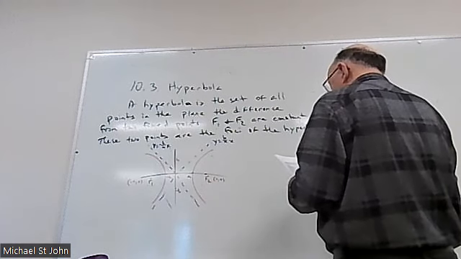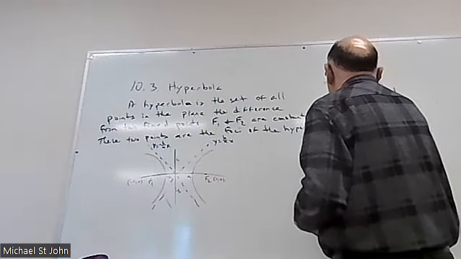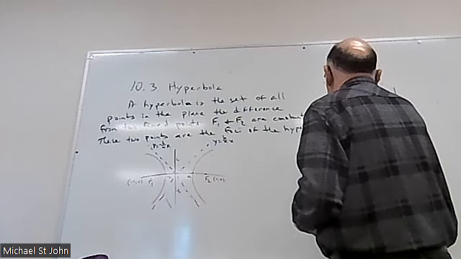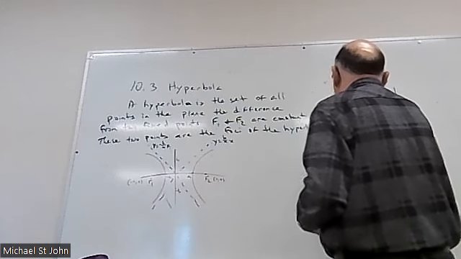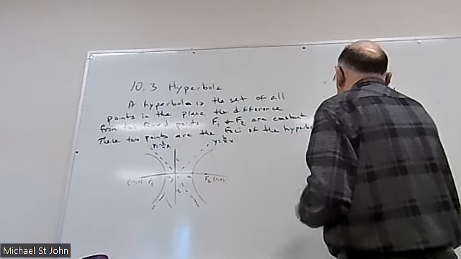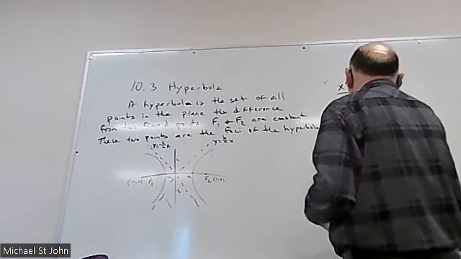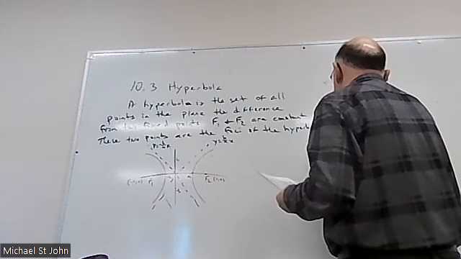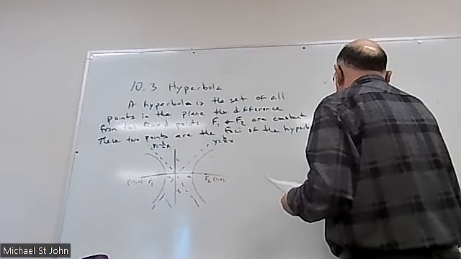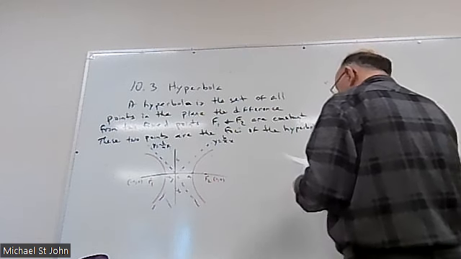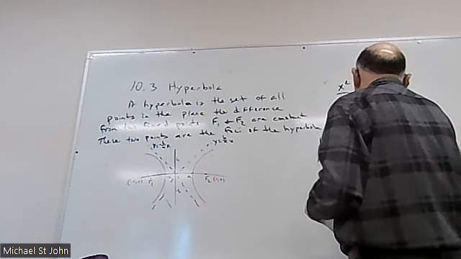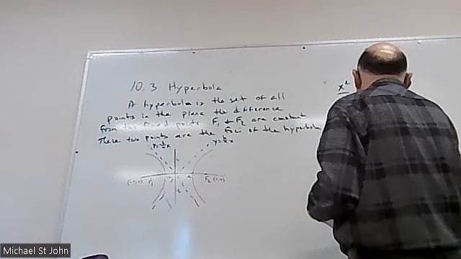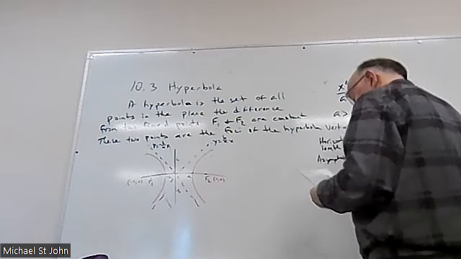The horizontal length is given by 2a. The asymptotes are given by y equals plus or minus b over a x.